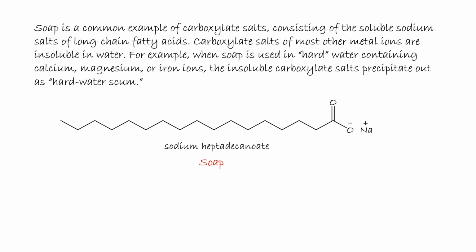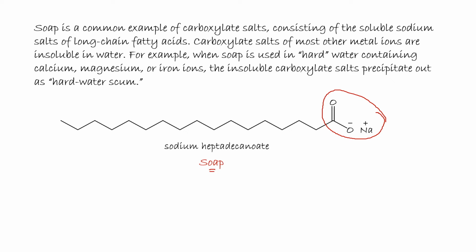If you have a long chain alkyl group in this salt, sodium heptadecanoate, that's a class of soap. Soap is a common example of a carboxylate salt consisting of soluble sodium salt of long chain fatty acids.